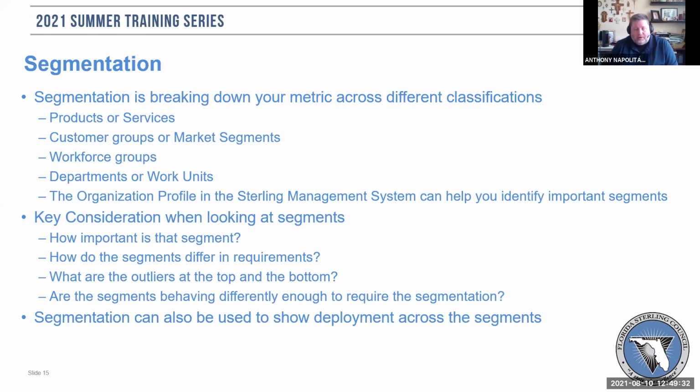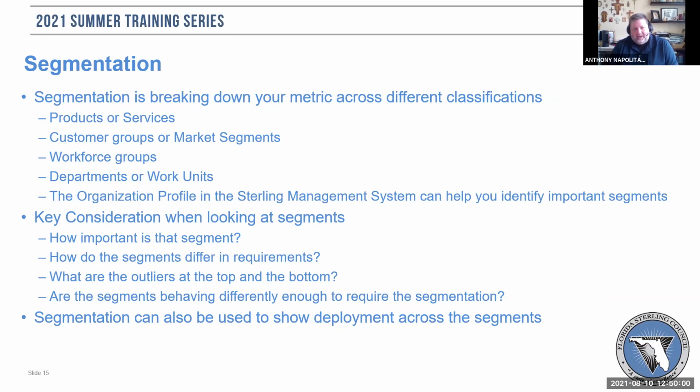How do the segments differ in requirements? If they have the same requirements, do you need to treat them as two different segments? Maybe, maybe not. So that helps you go there. What are the outliers at the top and the bottom? Like English language learners might be your bottom key segment. That's the one you're targeting to move up, and by moving that up, you can move the whole up.